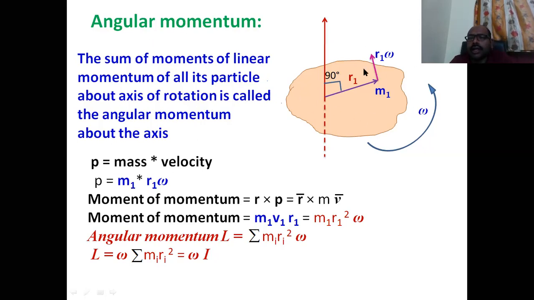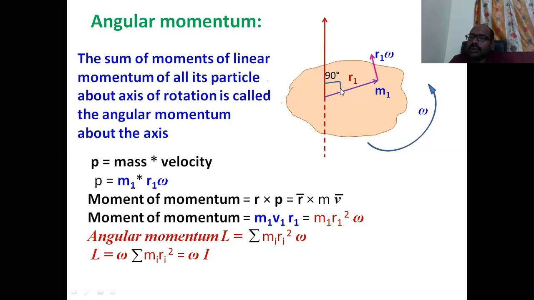Here we are considering an object shown in the brown color. This object is rotating about this vertical axis here. We are identifying one particle at this point of mass m1, which is located at a distance r1 from the axis of rotation, and this r1 is perpendicular to the axis of rotation.